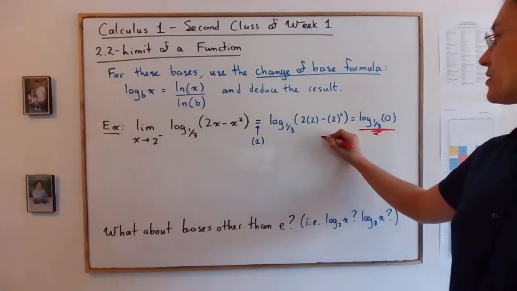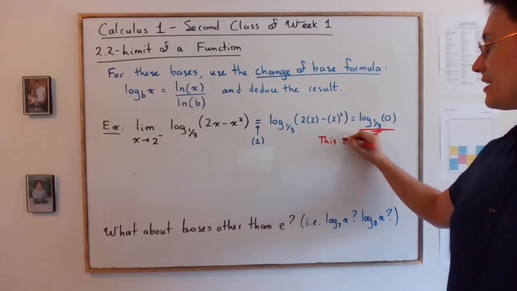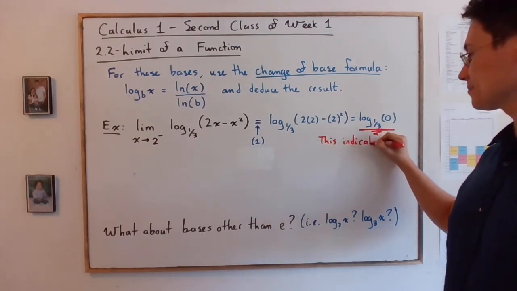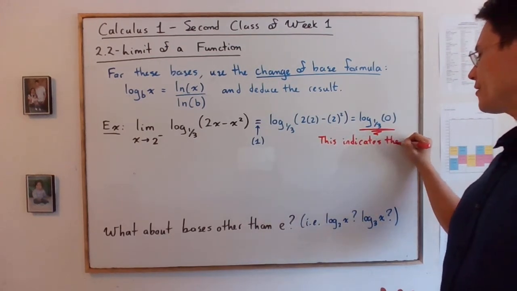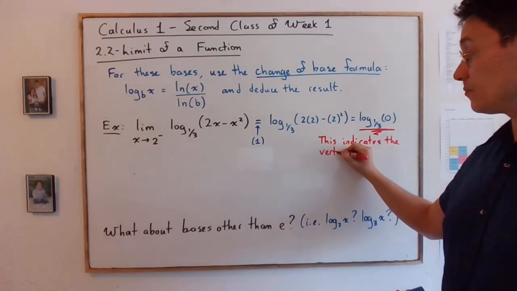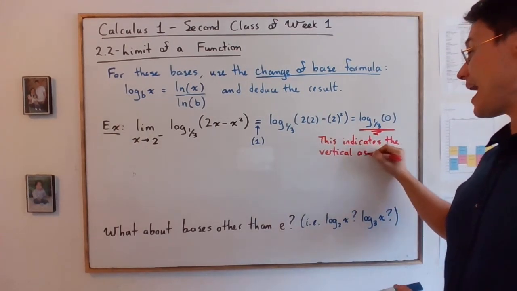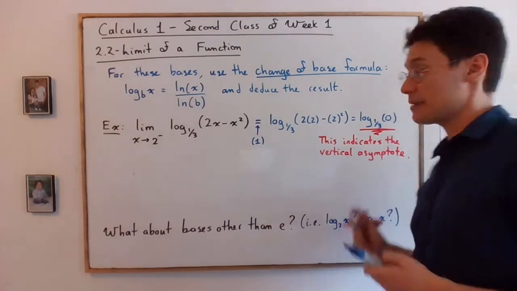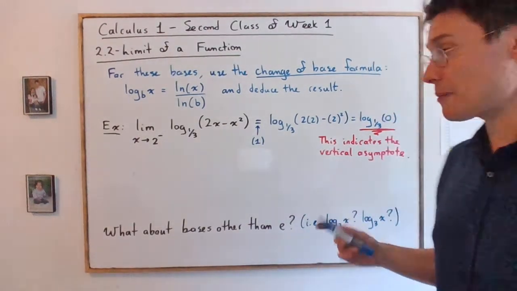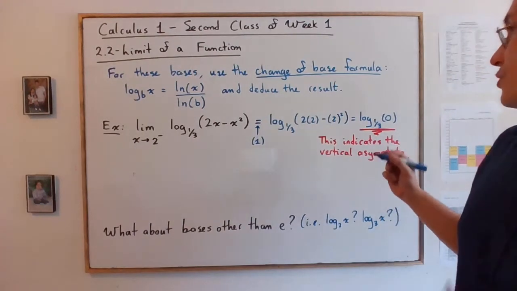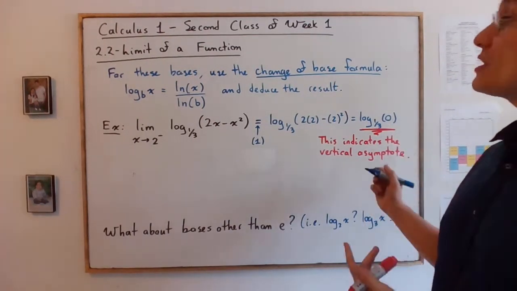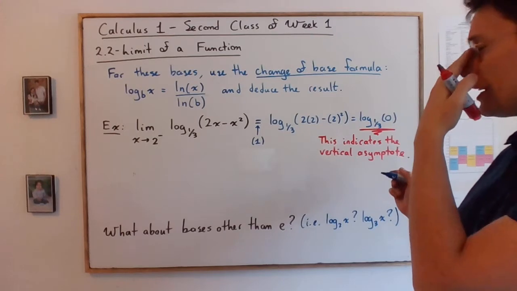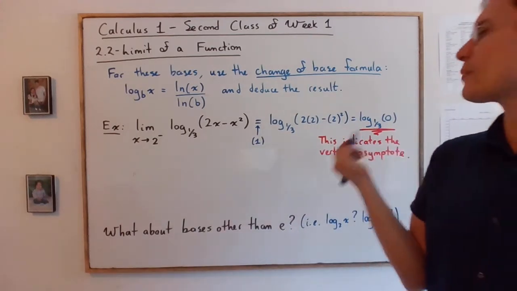Before going any further, I should say that this indicates the vertical asymptote. Then what do you do from there? You use the change of base formula right away.